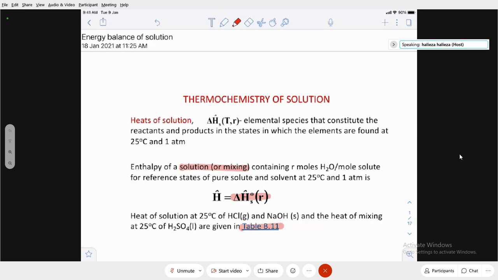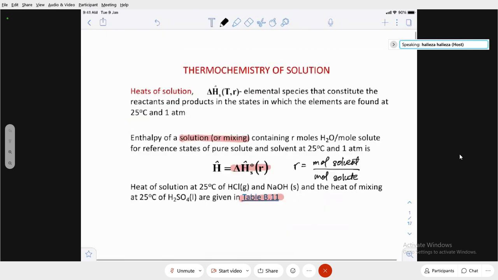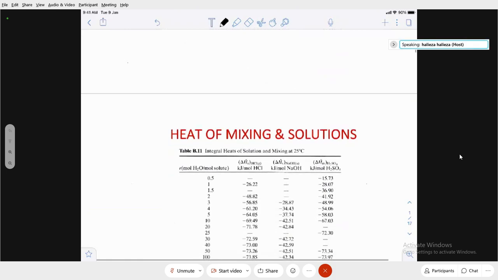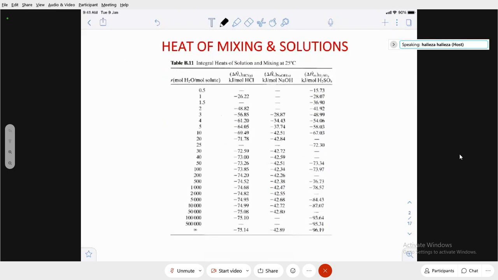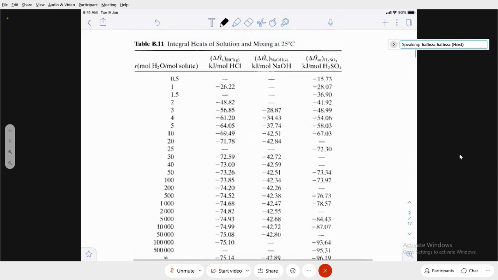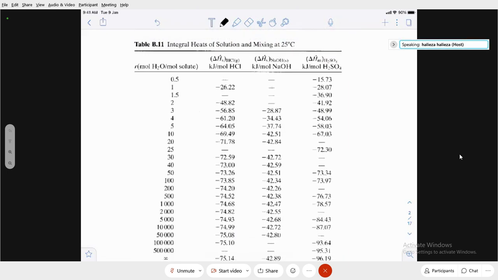The bracket R is equal to mole of your solvent, which is normally water, per mole of your solute, which is the liquid or the gas or the solid that is being mixed with the solvent. If you look at table B11, this is how it looks, and the reference state is at 25, or the value in this table is at 25.